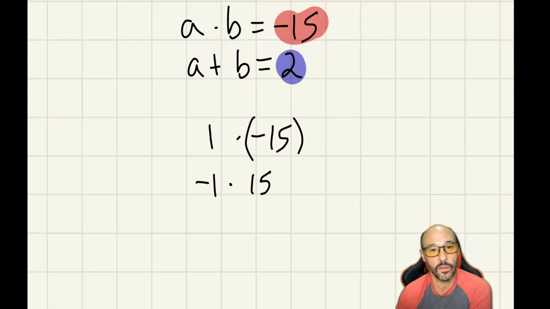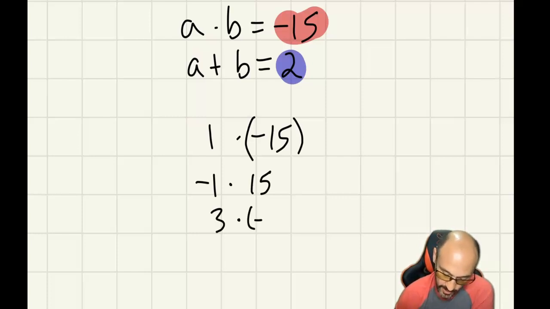No, that doesn't work either, because adding them together would be positive 14. The other one would have been negative 14. Neither of those is 2. I can't multiply 2 by anything to result in 15, no whole number, that is. So we'll ignore it. Well, what about 3?